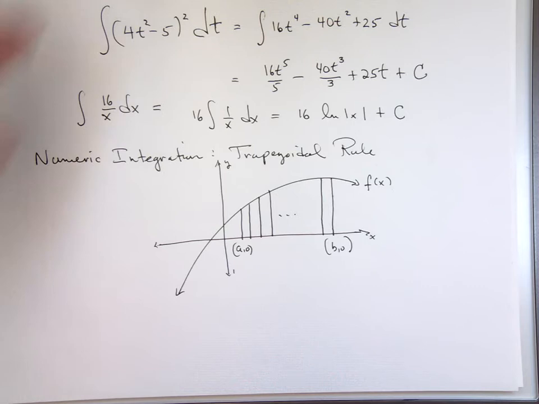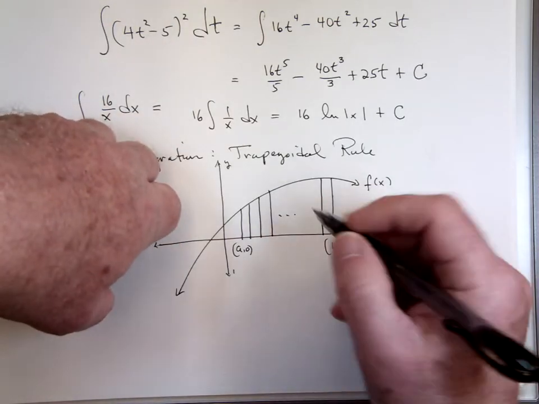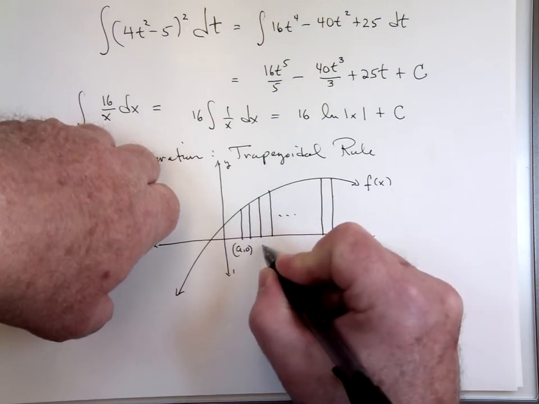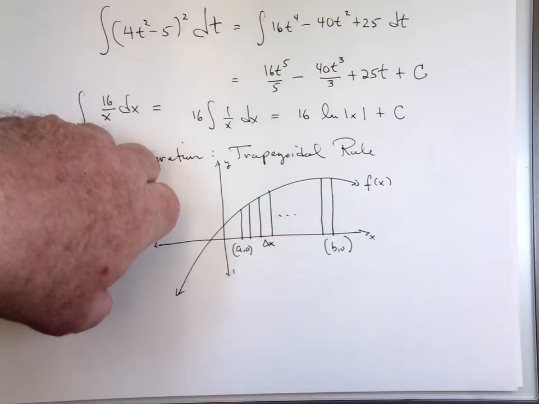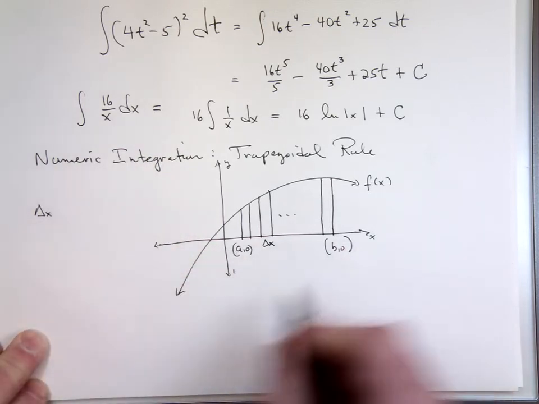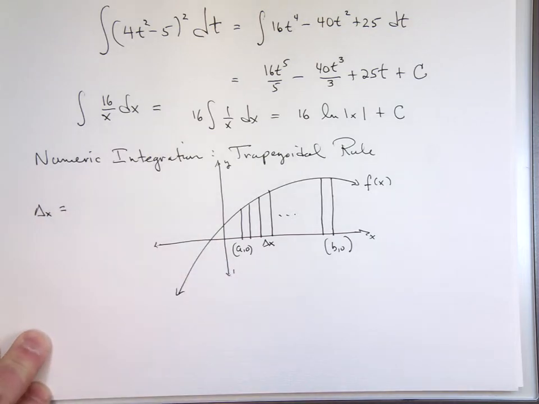Yeah. All right. Okay, so let's take a look at this. We're going to divide this up. Each one of these I'm going to call delta x. Now, if I divide this up into n parts, what will delta x be equal to? If I divide the interval from a to b up into n equal subintervals, what will the width, delta x, be of each of these subintervals?